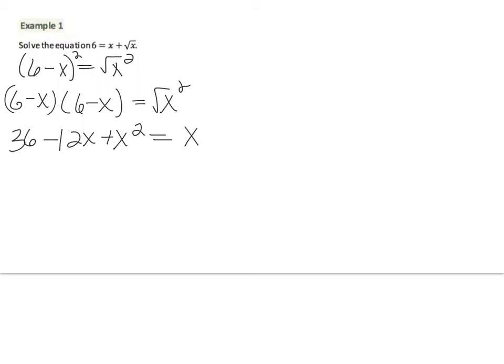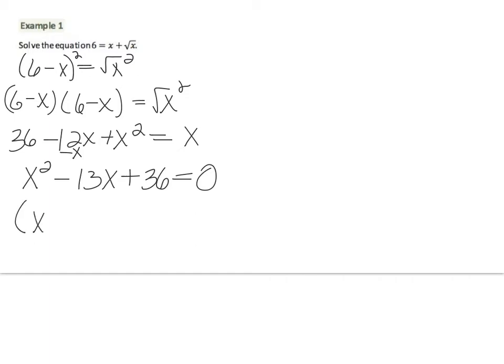Let's go ahead and get all of the variables on one side, 0 on the other, so I have x squared. I'm going to subtract an x from both sides. That gives us minus 13x plus 36 equals 0.